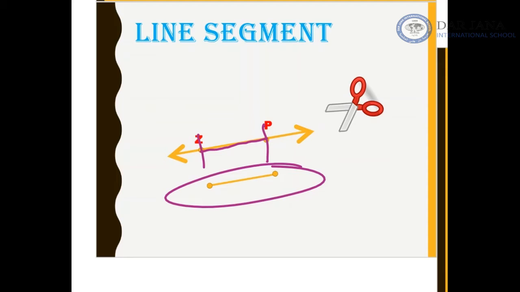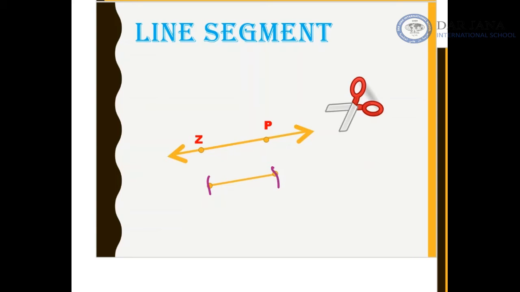It has an endpoint, and another endpoint. It means that this piece of line that I took stops on this side and stops on the other side, and I'm going to call it a line segment. So a line segment is a part of a line that stops from both sides, from both directions.